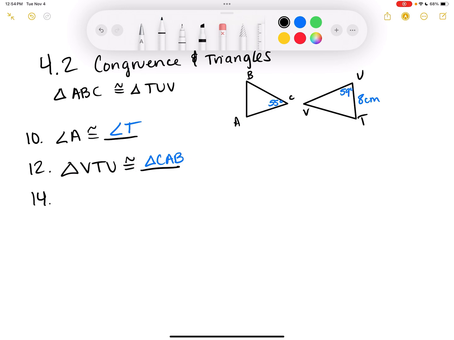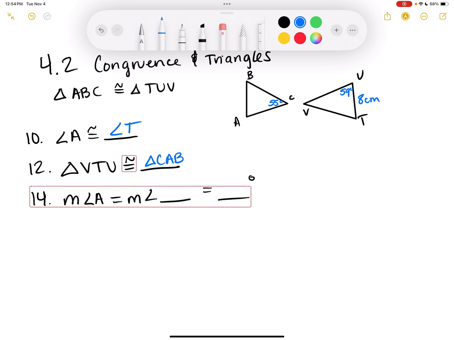14. The measure of angle A is equal to the measure of angle blank, which is equal to blank degrees. So first of all, what is the measure of angle A? Like, what is that equal to in the other triangle? Not the amount, but yep. So the measure of angle T, obviously that kind of followed from number 10.